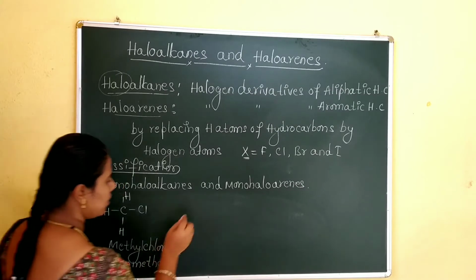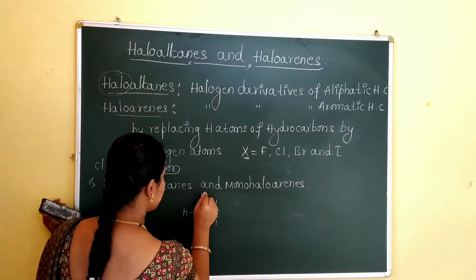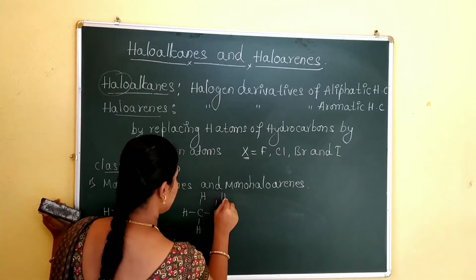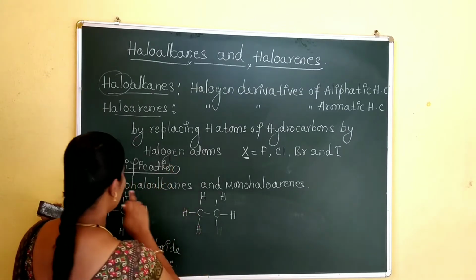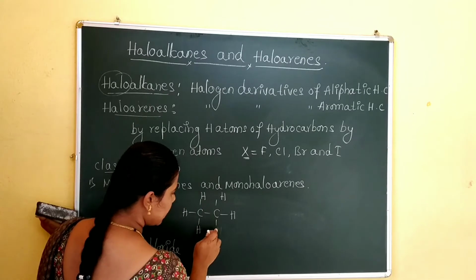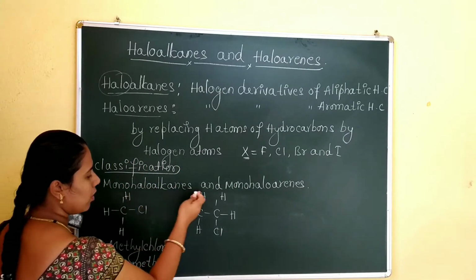Similarly, ethane, C2H6. Ethane is an alkane. Here, one hydrogen atom of this ethane is replaced by one halogen atom, then it becomes a monohaloalkane.